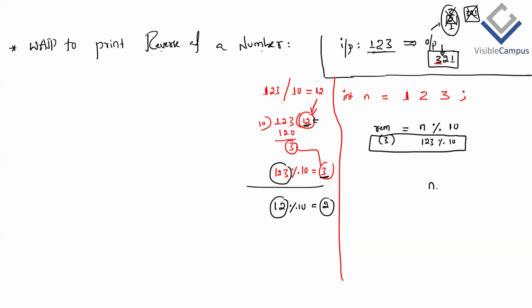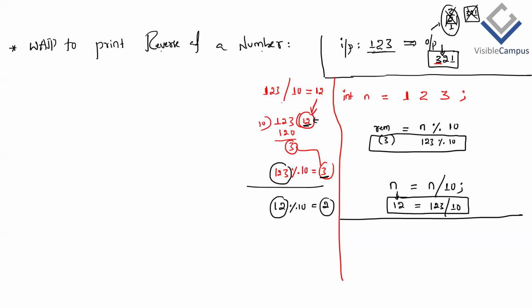The same n, this is 123. If you divide with 10, it will become 12. Then modify that n value. So this is the next step, repeated. Again, we do the modulo division for the latest n value.